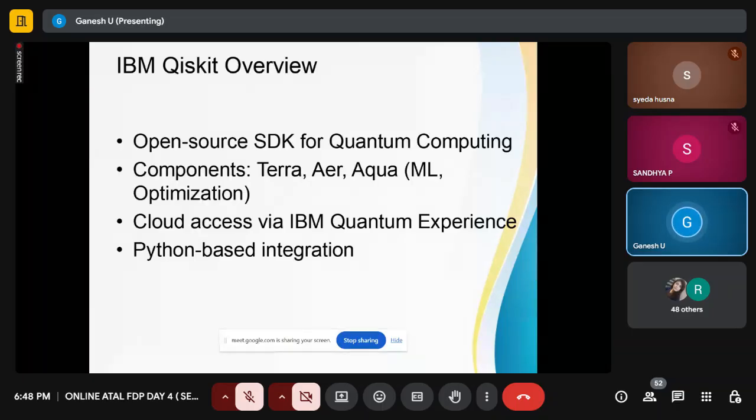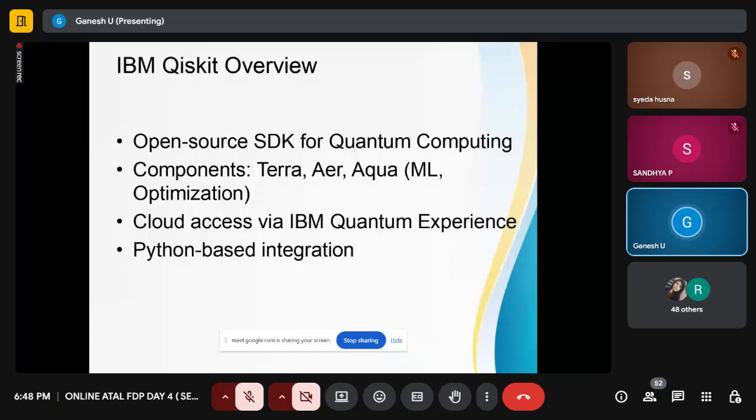Air, when we see it, is QSkit's high performance component. Each one has some uses, and convolution networks and all this will be useful. Air is a high performance simulator designed to emulate quantum circuits on classical computers.